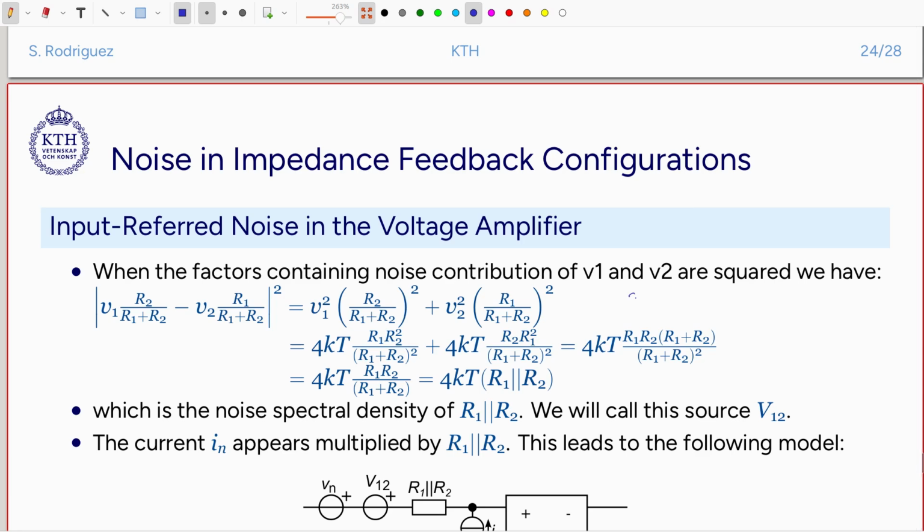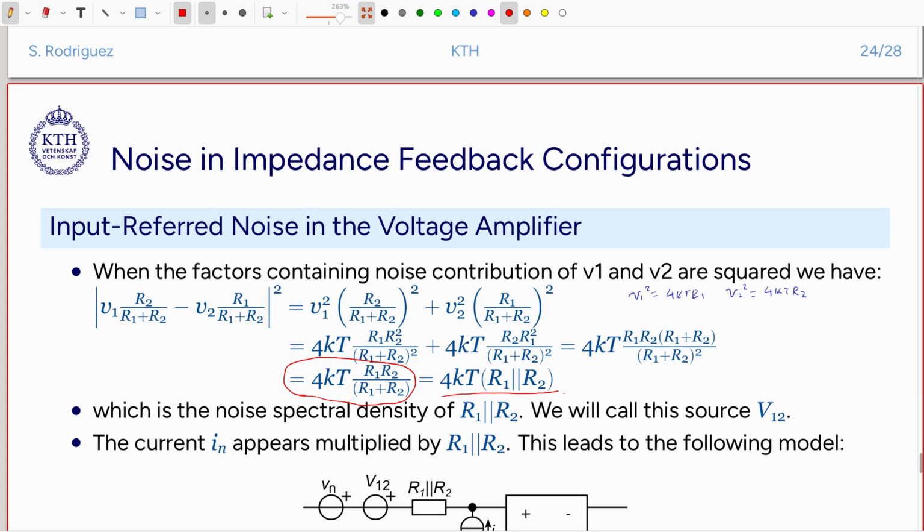And for V1, remember that V1 squared is equal to 4kT R1, and V2 squared is equal to 4kT R2. So when we replace these and do a little bit of math, we get the following expression for these two parts of the equation: 4kT times R1 R2 divided by R1 plus R2, and this is like having these two resistors in parallel.